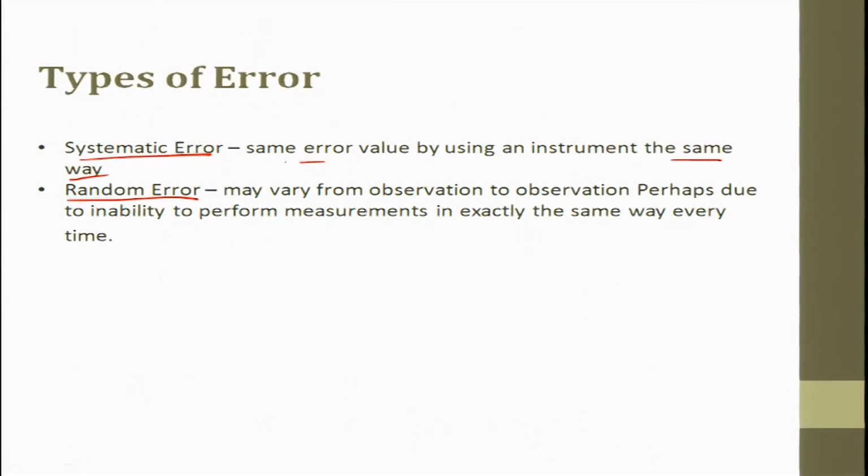So here we are saying it is the same error value by using an instrument in the same way, provided all other conditions remain the same: the instrument is the same, maybe the experimenter is the same, and the environmental conditions are the same. So the error value is the same.